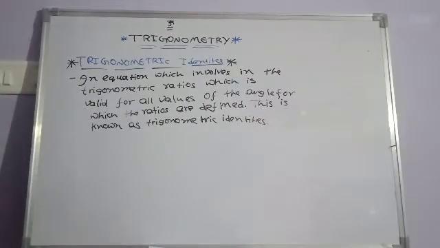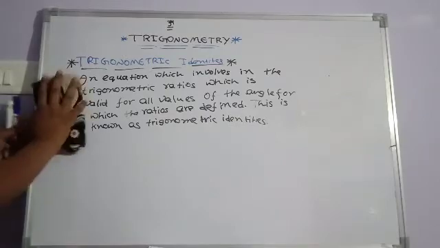It is an equation which involves the trigonometric ratios such as sin theta, cos theta and all, which is valid for all the values of the angle. If we take an angle, this trigonometric identity is valid for all the angles, for which ratios are defined. Okay, let us start the first identity.